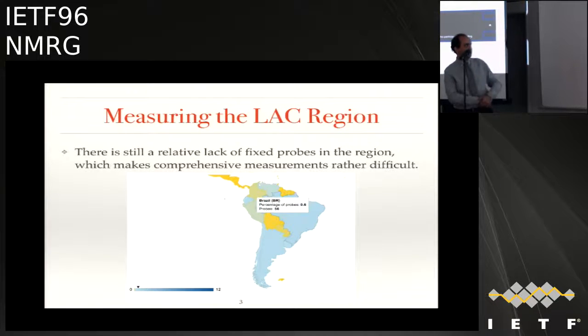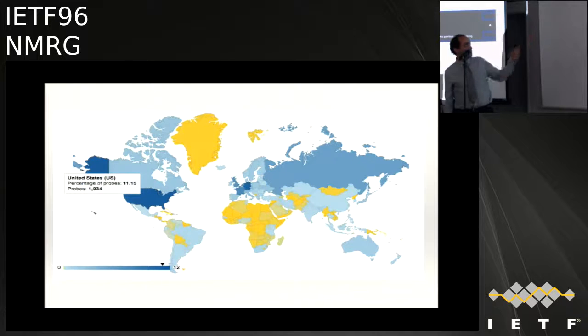In this case, 0.6% of the total probes of RIPE Atlas. If we compare with the rest of the world, we can see, for example, the United States and Germany, they're both colored dark blue, meaning they have a high percentage of probes available for measurement. And the Latin American and Caribbean region is either pale blue, which means a very low percentage, or yellow, which means no information or no active probes.